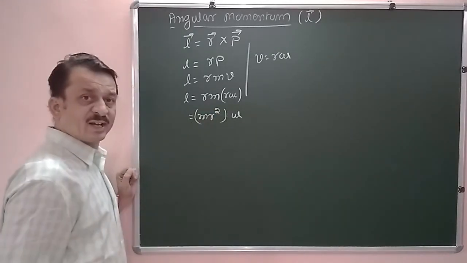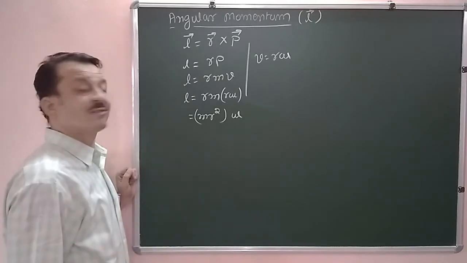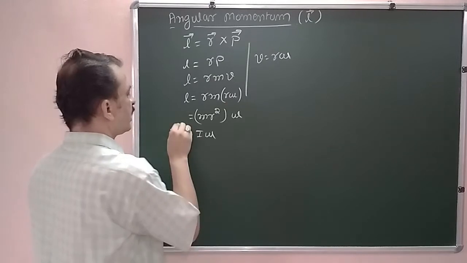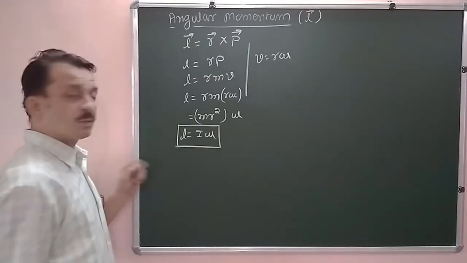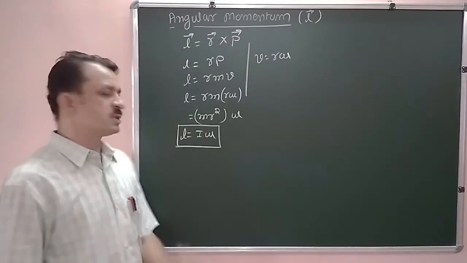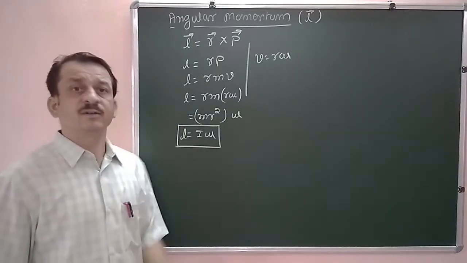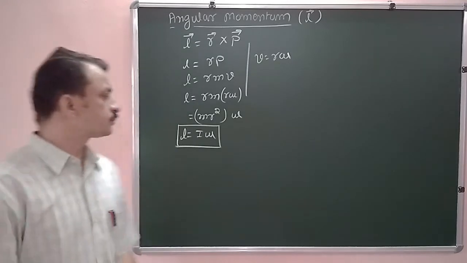What is m r square? It is nothing but moment of inertia. Therefore the angular momentum is equal to the product of moment of inertia and angular velocity.